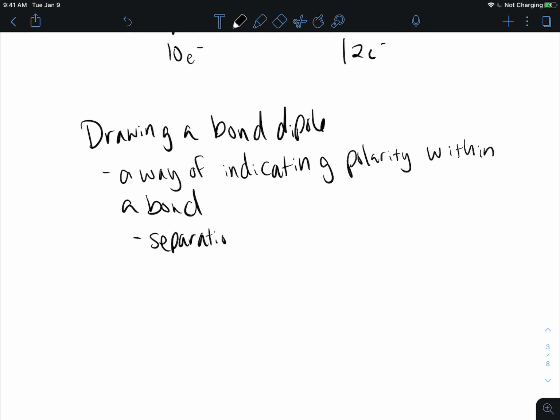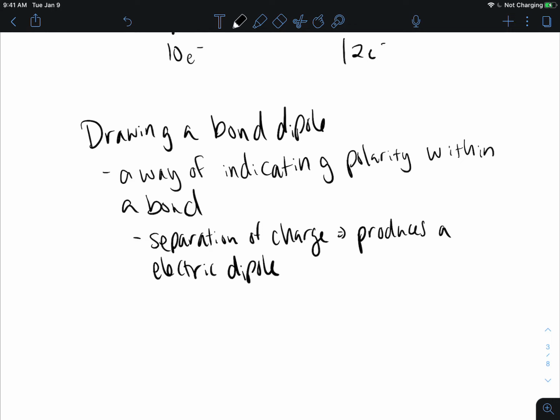So separation of charge that produces a dipole or electric dipole, and we use a bond dipole to show that.